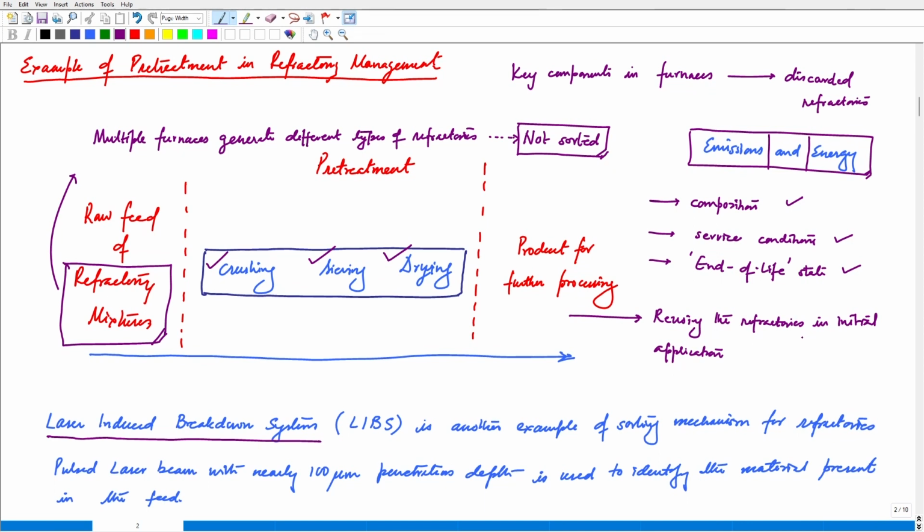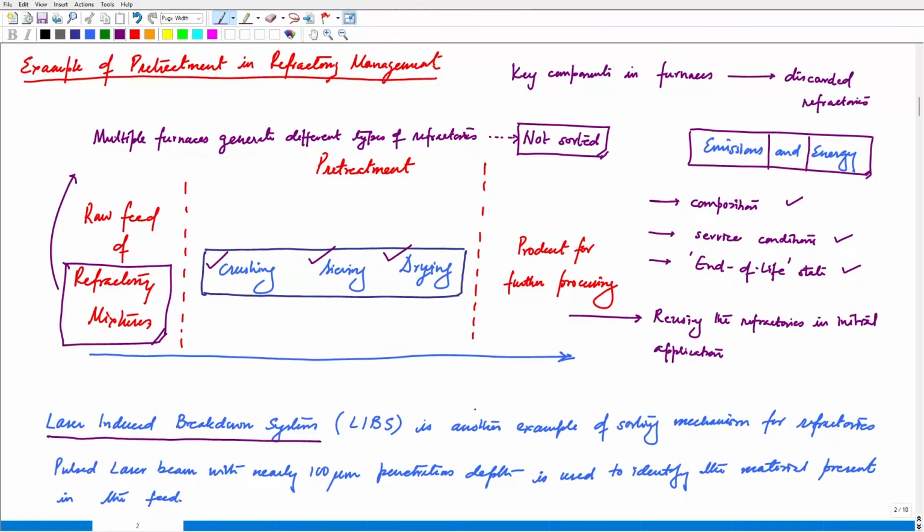Now, if we want to sort refractories, one of the mechanisms that is available in the literature is LIBS, laser induced breakdown system. LIBS is another example of a sorting mechanism. In the previous case of spent batteries, we had seen that people are using X-ray images.